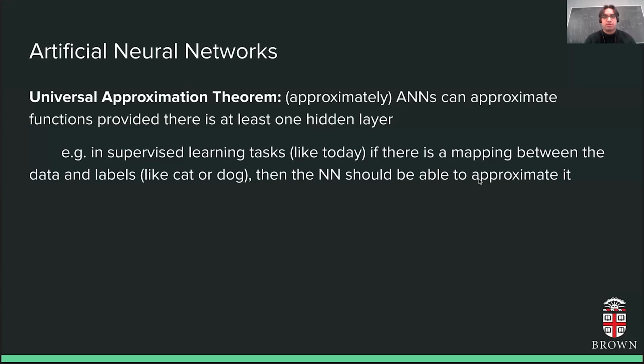But if there is a mapping to be had in a supervised learning task, like we're going to do with hands-on today, then the neural network should be able to approximate whatever function maps between the features of the cats and dogs and their labels. So whatever underlying function there is, the universal approximation theorem says your artificial neural networks can find this approximation. And that can be made more mathematically rigorous, and as such, it gives us confidence that neural networks can, at least in principle, do what we tell it to do.